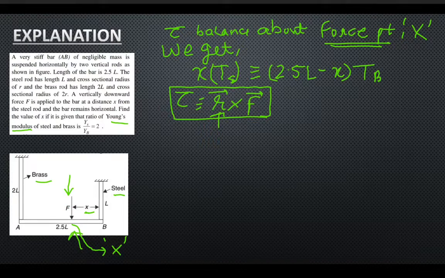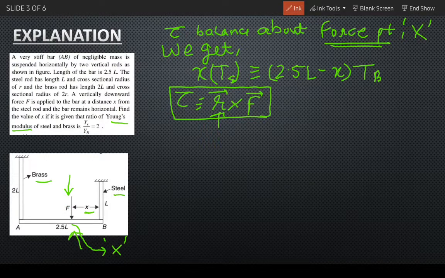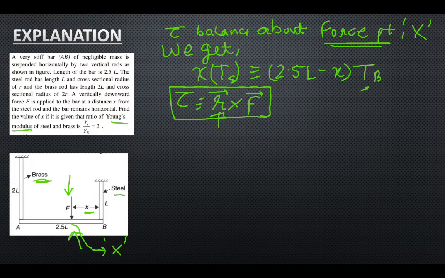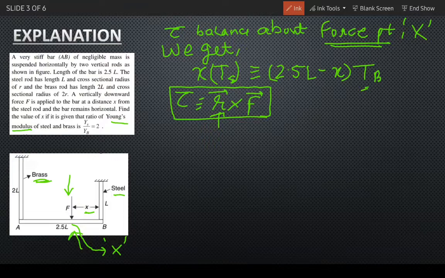The same is the case over here. In brass, a tension of T_B is created, and the R vector is 2.5 L minus x, that is from here to here. This is the R vector, crossed with the tension in the brass wire. Solving further, we get this as equation number 1.